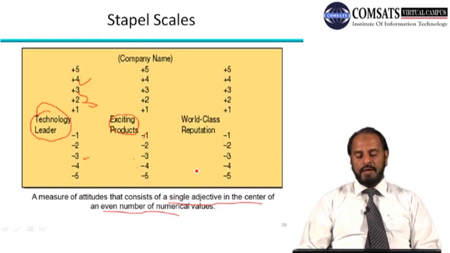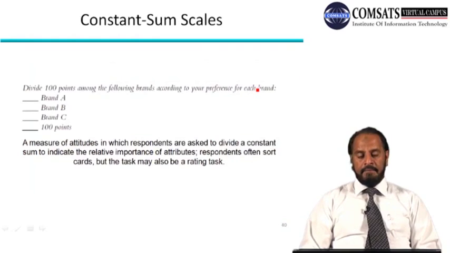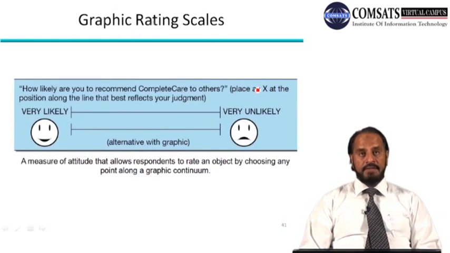Again, a reputation. You want to see if your company's reputation could be very high to very low, in terms of a -5. So these are again different types of scales. There are a few others you can find, such as the graphic rating scale.